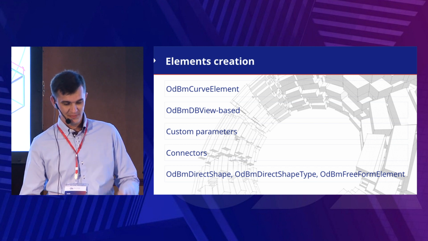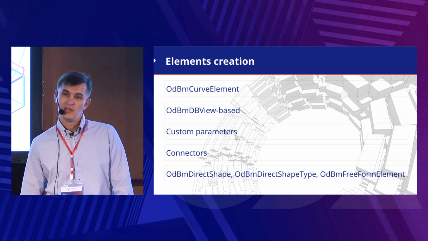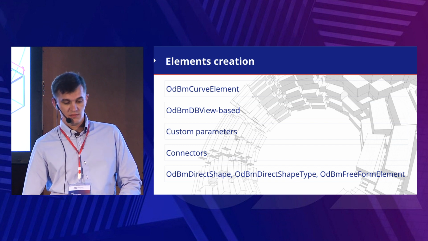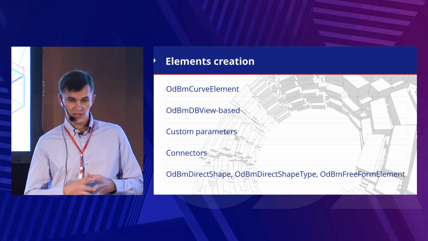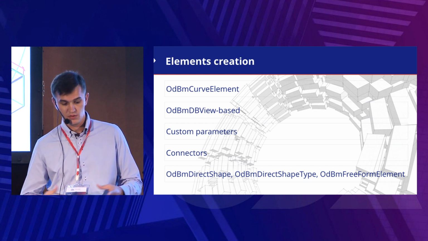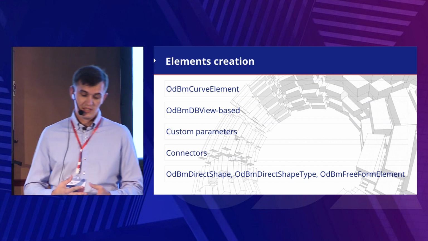Next set of elements is different levels, 3D views, section plans. All of them are DB view based. We can create these elements, we can add them to the database and use them. We can also add custom parameters to the database.